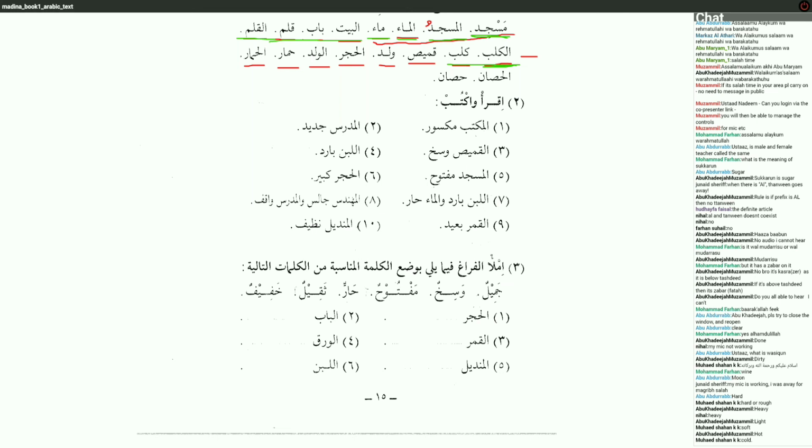Again. What goes here? One dhamma. الكلب, yes, because of alif lam. Al-kalb. And this one? كلب. And here? قميص.